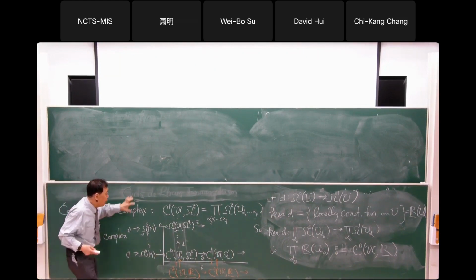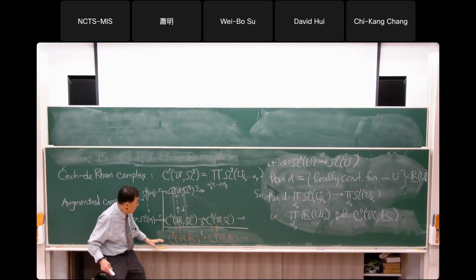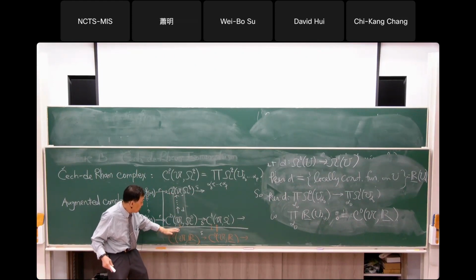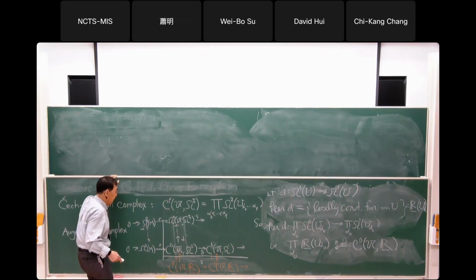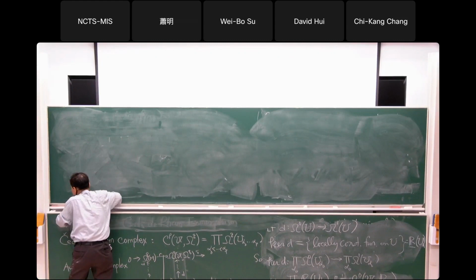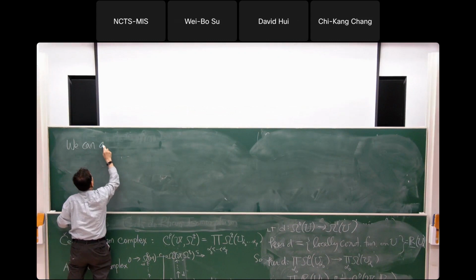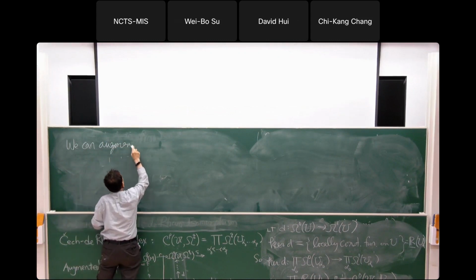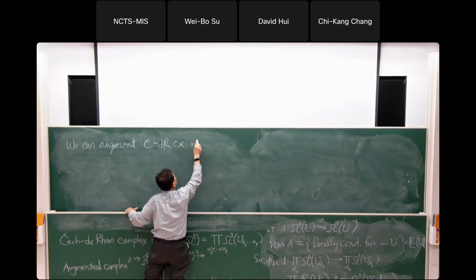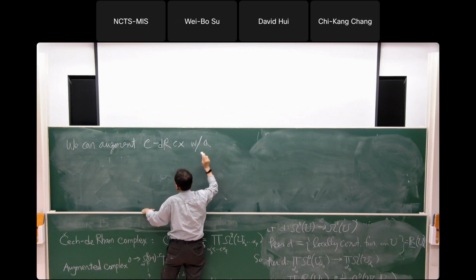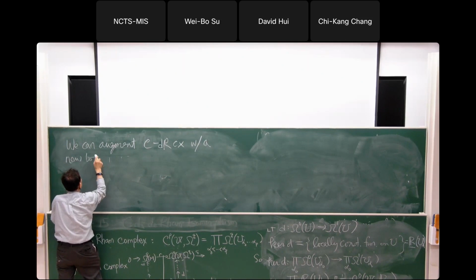We can augment the Cech-de Rham complex with a new bottom row that's the kernel of the first D.